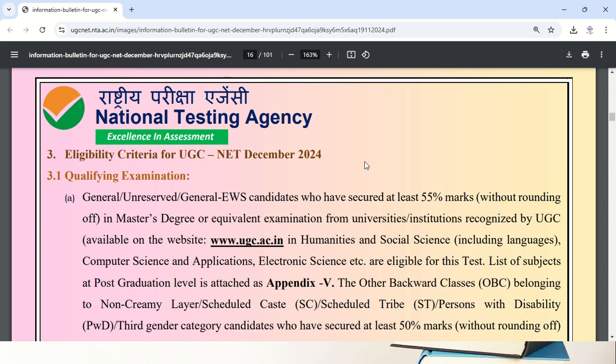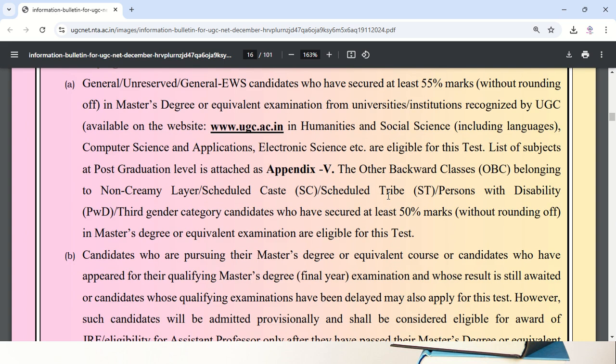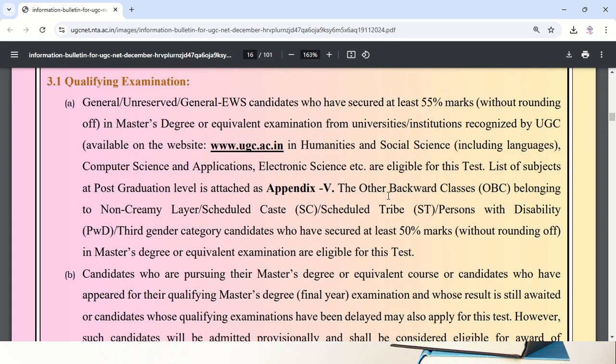From here, the qualification examination: this is not the December notification, but this is the major qualification they follow each and every year. The first information they have given is for general unreserved and general economic weaker section, that is EWS.